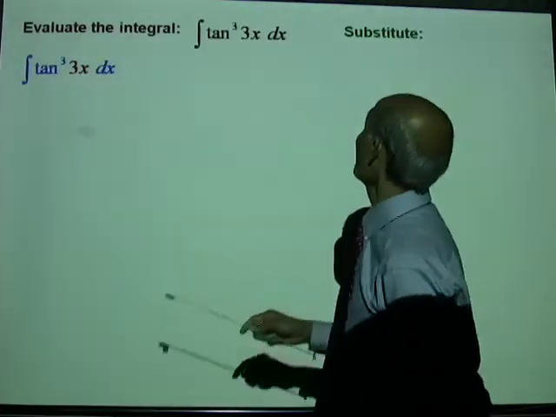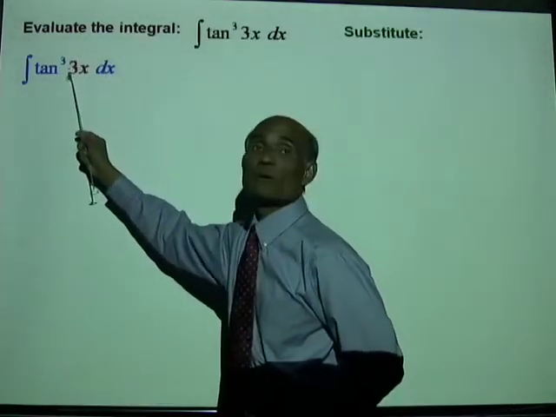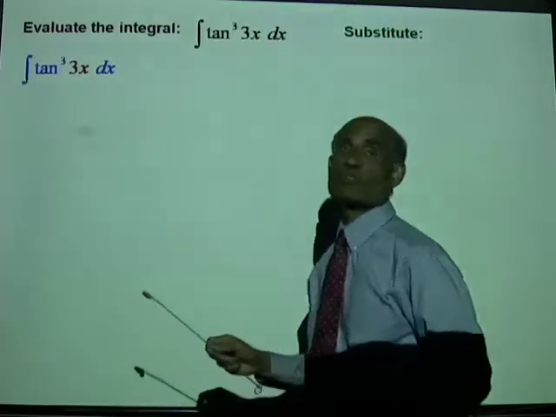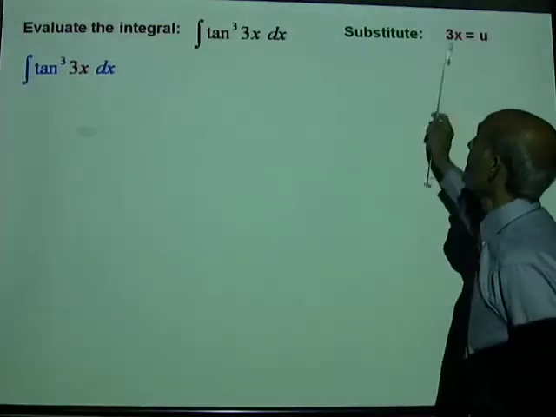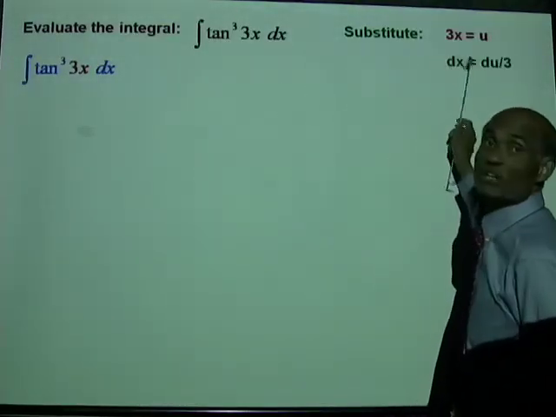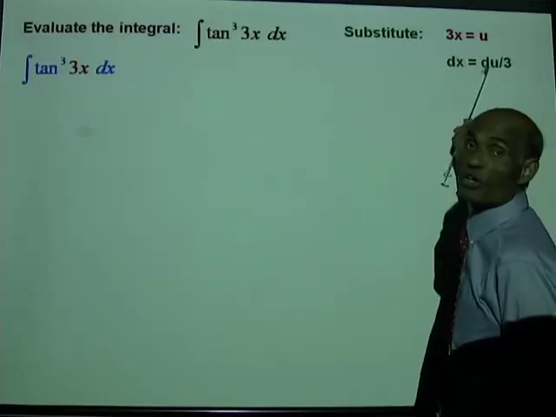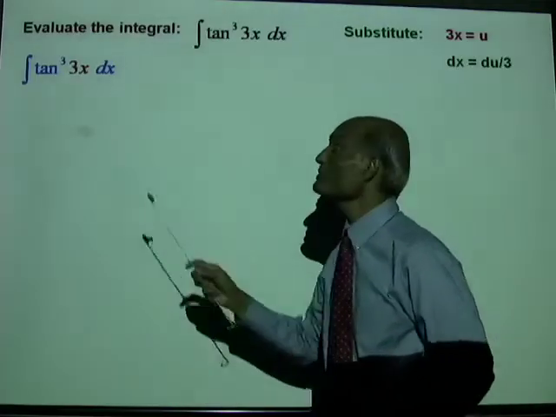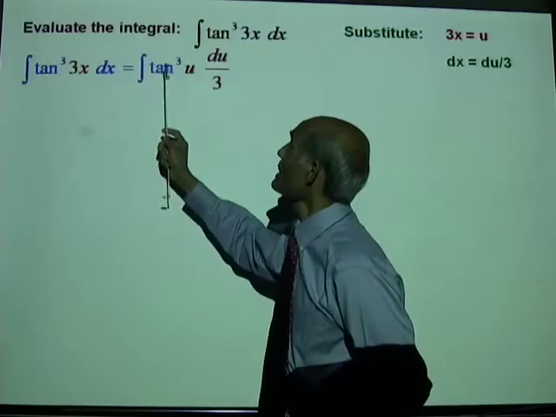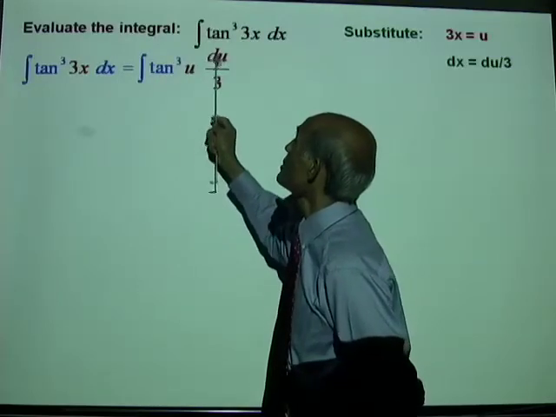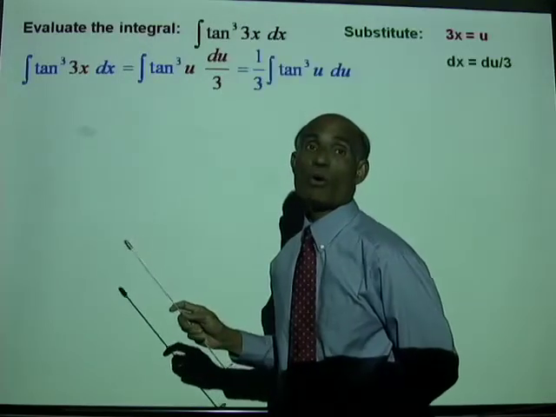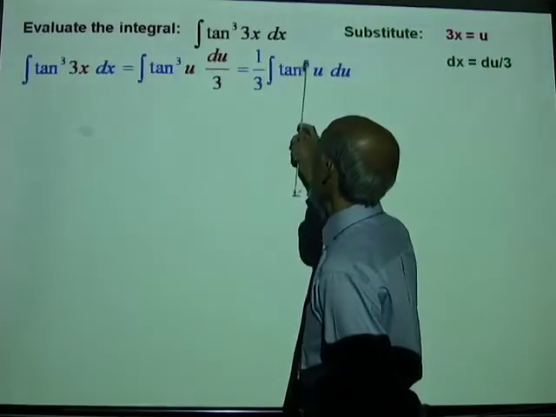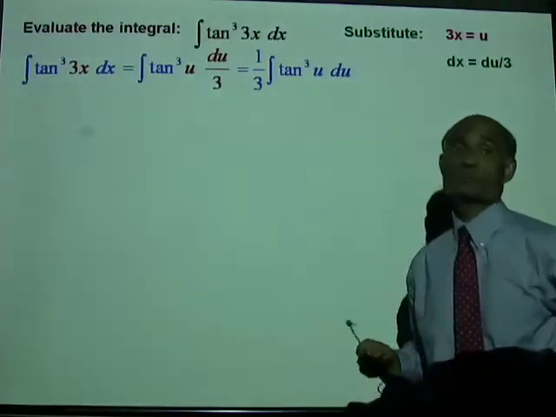So what we first do is make a substitution. 3x equal to u, and that will give you 3 dx equal to du, or dx equal to du over 3, and this will become the integral of tan cubed u du over 3, or 1/3 tan cubed u du.